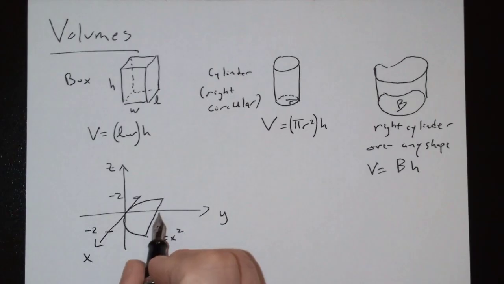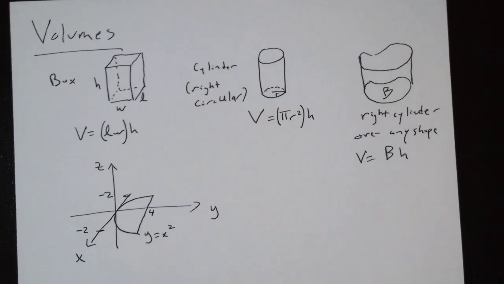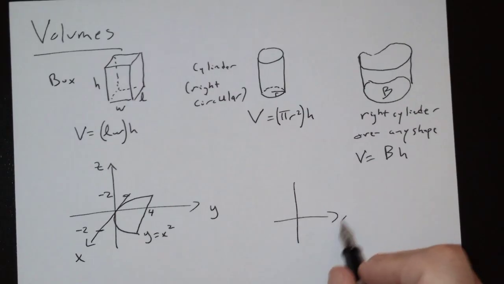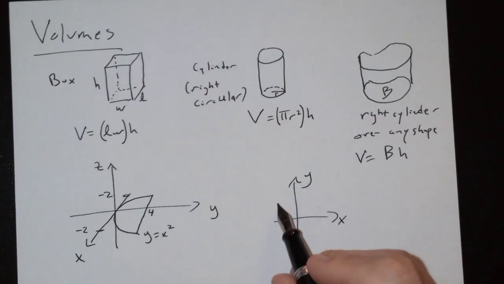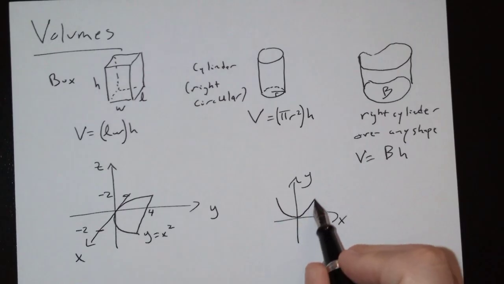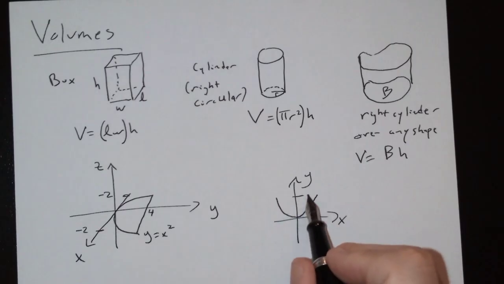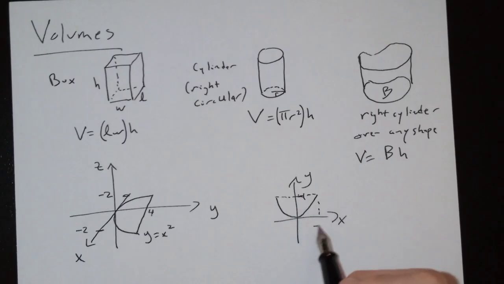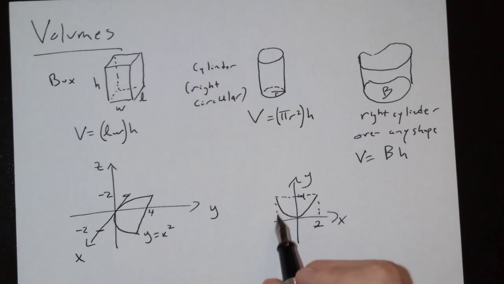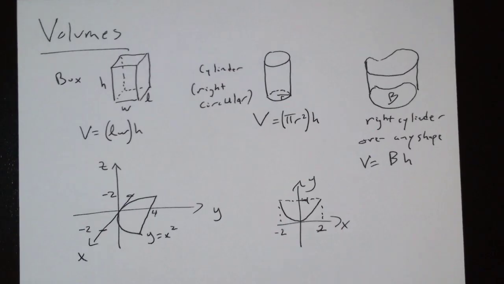That means I'm going to cross the Y-axis at 4, right? Because if I just drew X and Y, it would look like that.